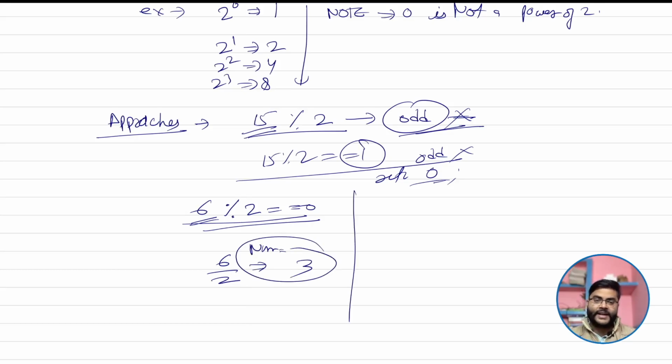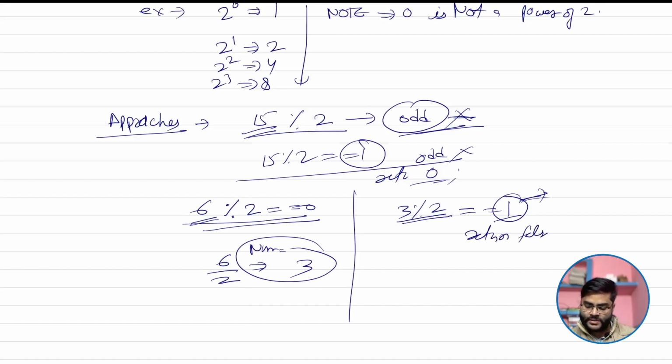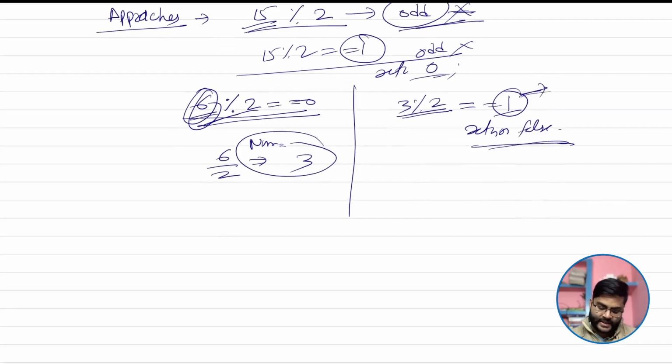Again do the same thing. 3 mod 2 is 1. As soon as the remainder comes as 1, return false. So we keep checking whether the remainder is 0 or 1. If it is a power of 2, the remainder will be 0 every time.